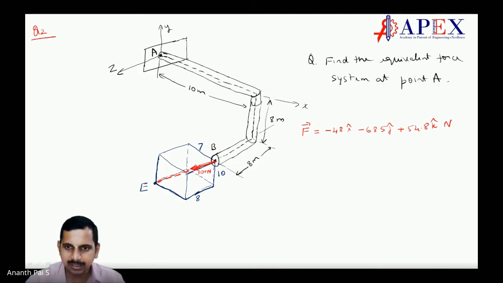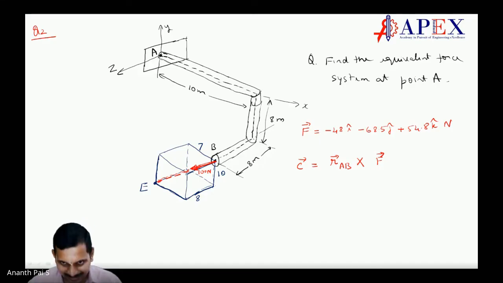Once that is done, you have to find the C vector, which is equal to the R vector. R vector is RAB, you can say BA or AB. It is AB. RAB crossed with the F vector. That's how you get the couple. Simple and sweet.